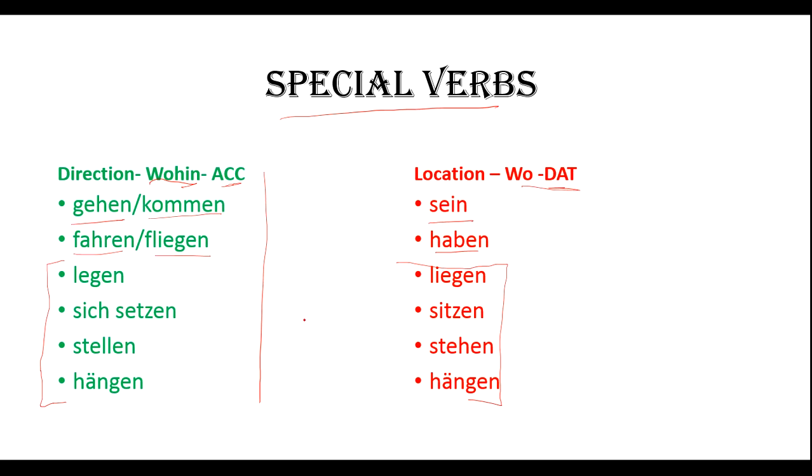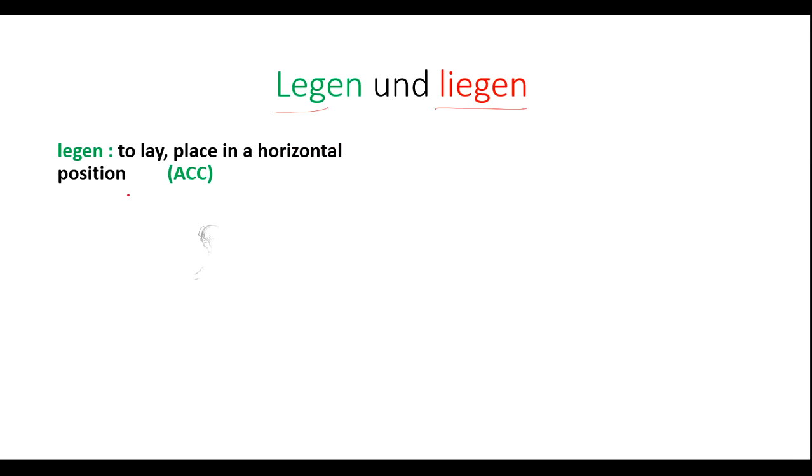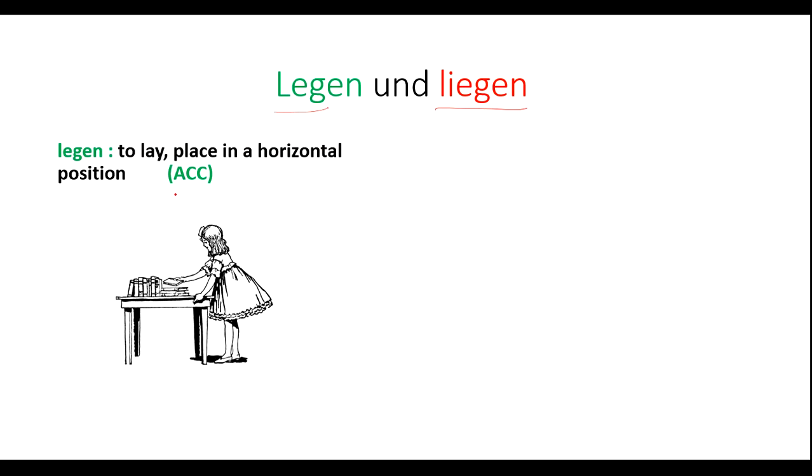Let's see with examples how we make dative and accusative sentences with them. Legen und liegen. This is the accusative and this is the dative. In accusative, legen means to lay, to place in a horizontal position like this.